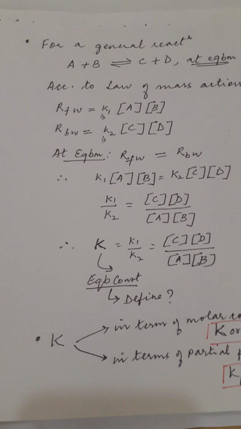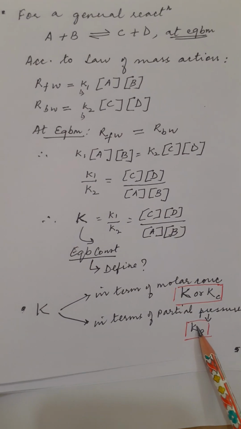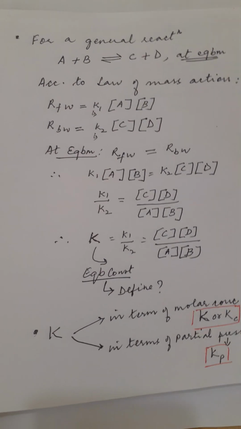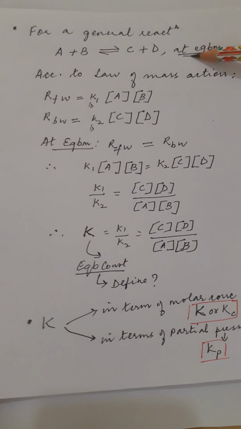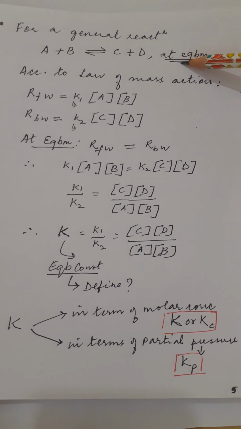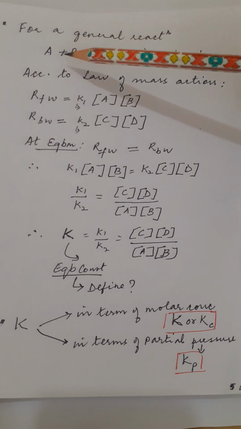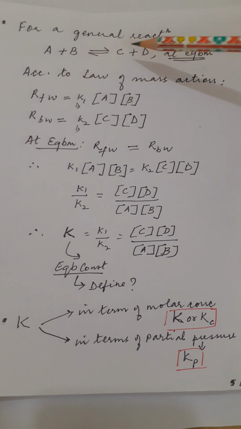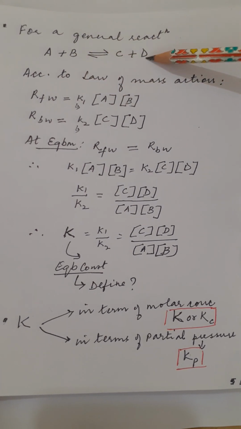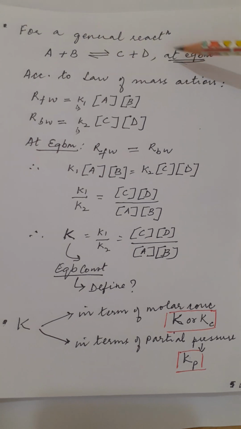And just so that you know how we have derived this expression for chemical equilibrium, let's begin with a general reaction. I have eliminated the coefficients here just so that comprehension becomes easier.